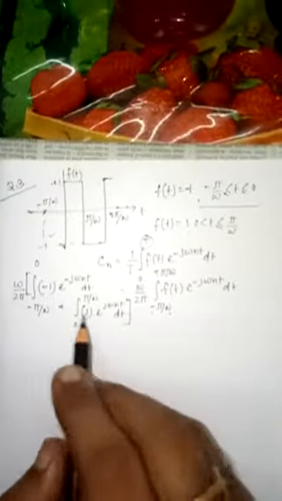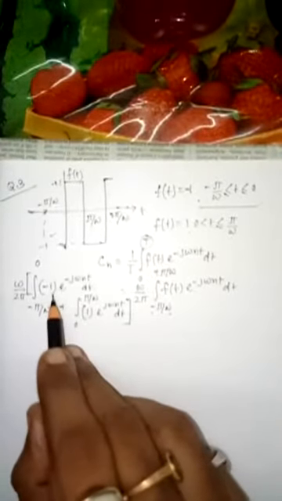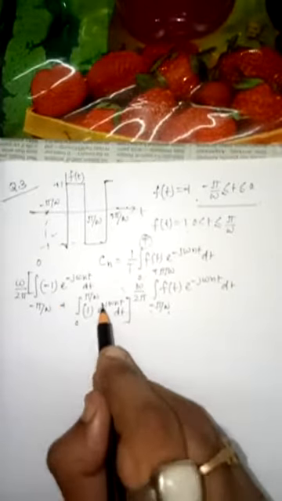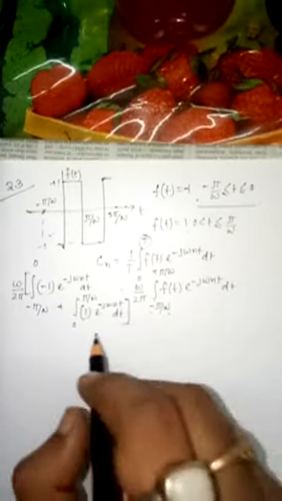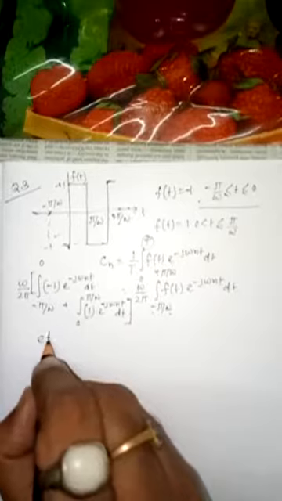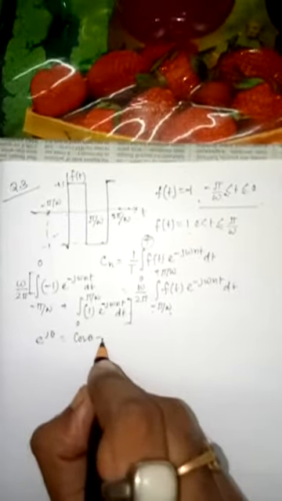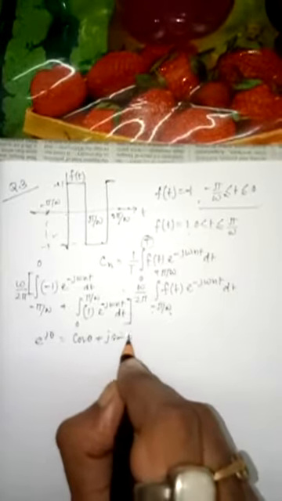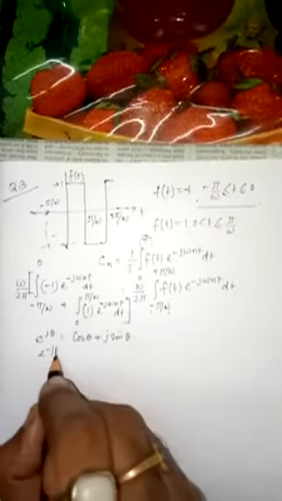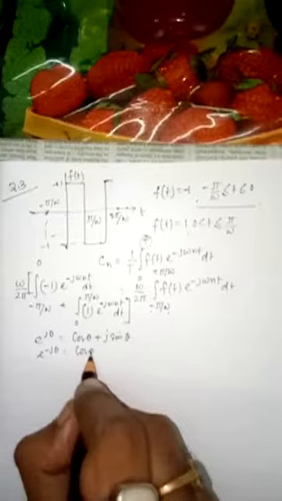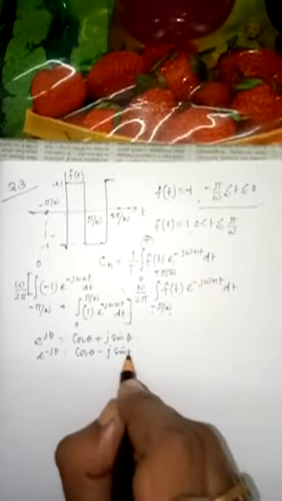Okay, now this is 1 e to the power j theta. You can write it as e to the power j theta equals cos theta plus j sin theta, and e to the power minus j theta means cos theta minus j sin theta.